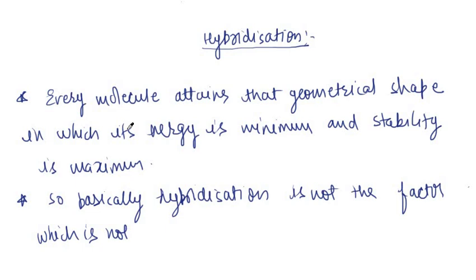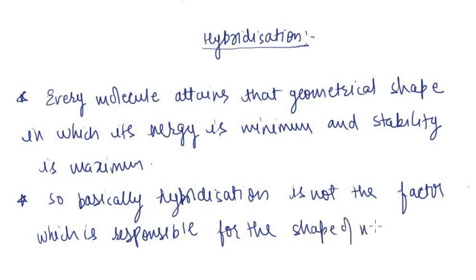Which is responsible for the shape of the molecule, because when they try to rearrange in space such that repulsion is minimum, then obviously that will be the factor which represents its orientation in space, which then decides the shape of the molecule.